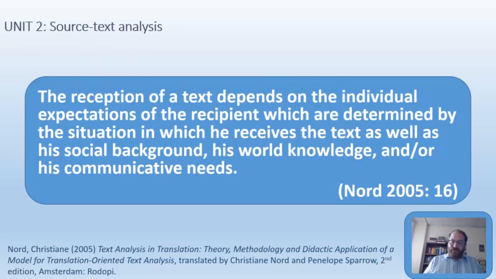What makes this assertion so critical for translation? Clearly, if we take seriously the idea that the reception of the text, that is to say, the way in which it will be read and the effects it will have, are dependent on the expectations of the reader, who are nested in a social situation with world knowledge and specific communicative needs, then any given text, when presented to a new audience, will need to be altered in fundamental or subtle ways to its new environment in order for it to act as a functional product.